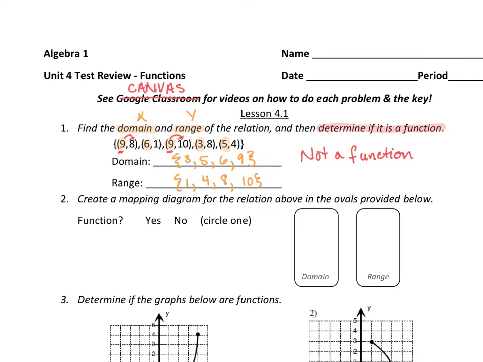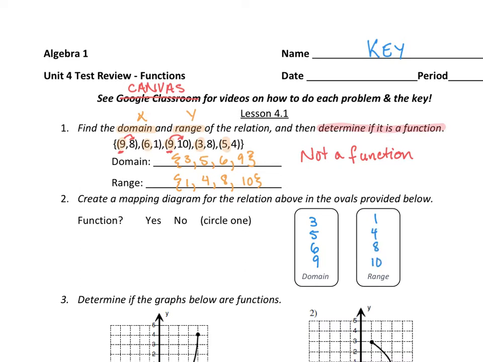So speaking of mapping diagram, let's look at question 2. I guess I kind of did part 2 already in question 1, but that's okay. I forgot that I had added that as a question in question 2. So anyways, we're going to create a mapping diagram. So basically just take the values from your domain, which are 3, 5, 6, and 9, and then from our range 1, 4, 8, and 10.